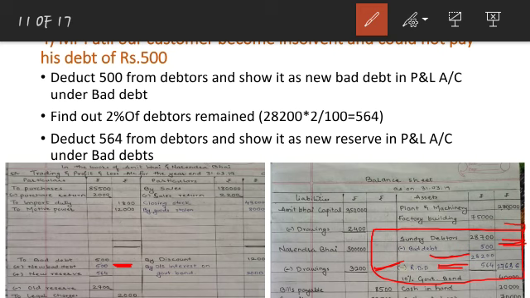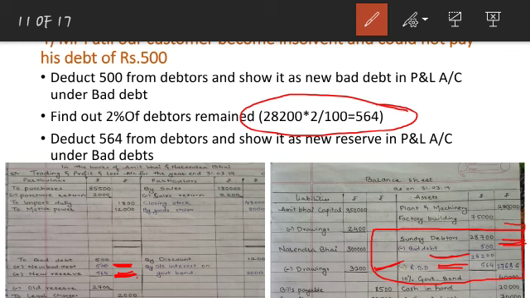This RDD is nothing but your new RDD, means 564, which you have calculated now, this 2% of 28,200. So this 564 can be added again to the bad debts this side. Okay, so I repeat what we have done. The new bad debts of 500 rupees we have deducted from sundry debtors.